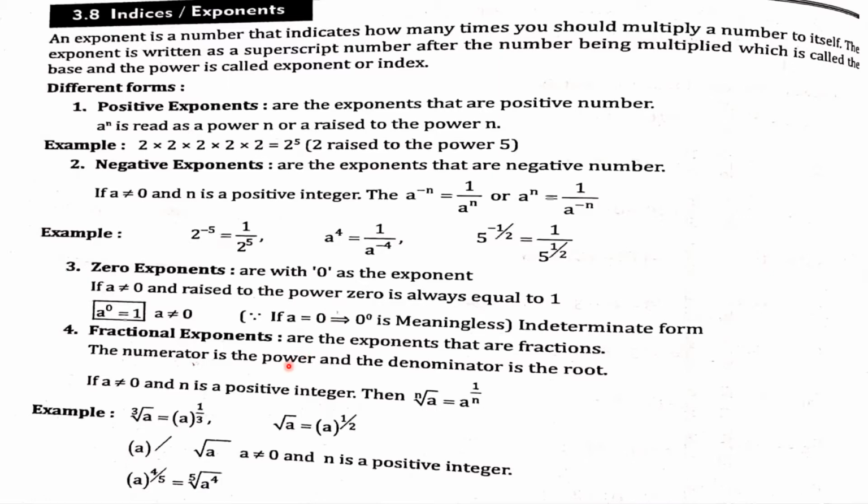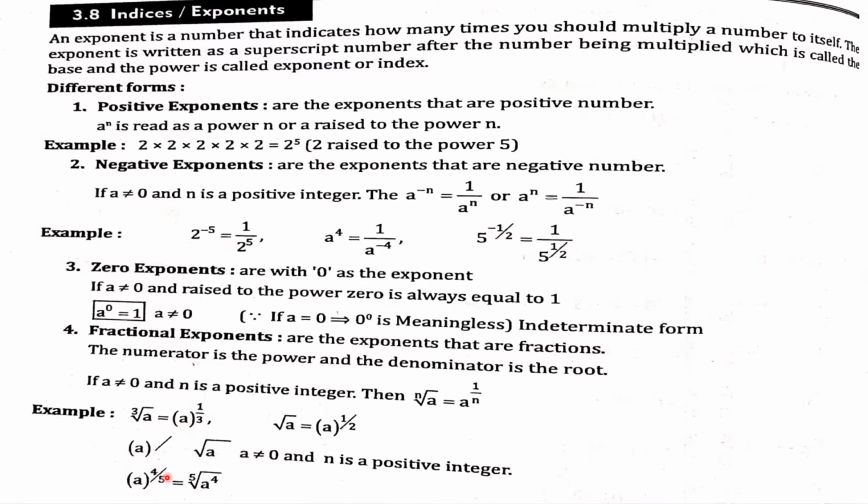Next one, fractional exponents. In fractional exponents, you will find root and cube root. Root a can be written as a to the power 1 by 2. If you have cube root a, that is a to the power 1 by 3. Whenever you have cube root, make sure you write 1 by 3. Whenever you have square root, you write 1 by 2.